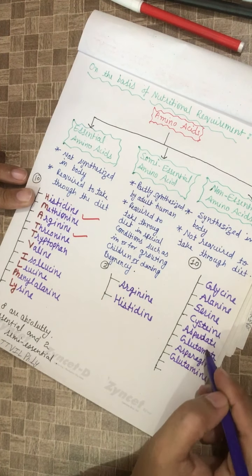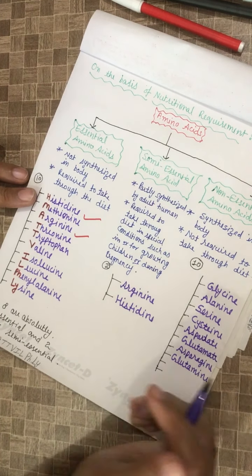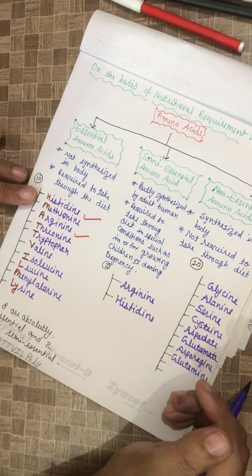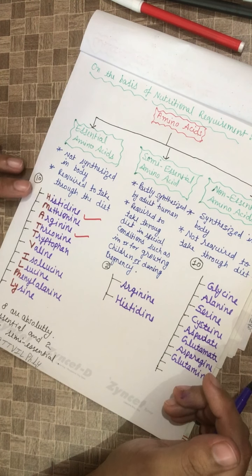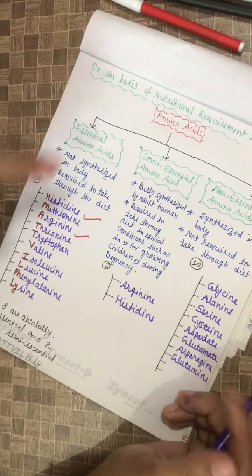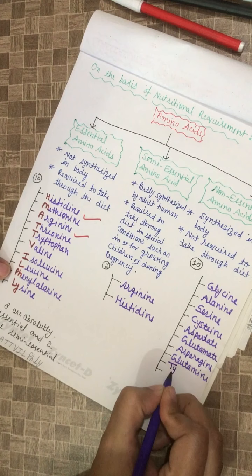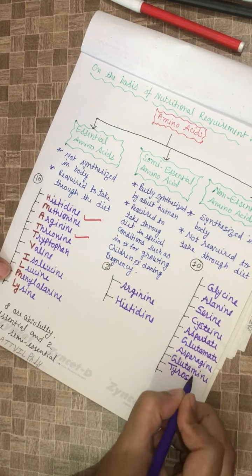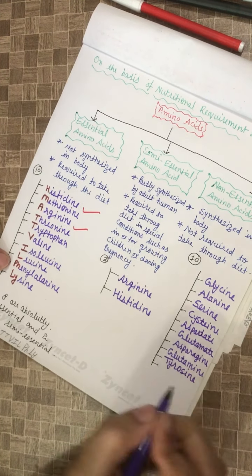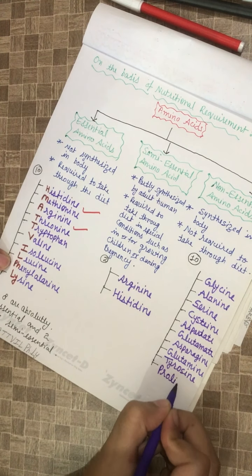Okay, glycine, alanine, serine, cysteine, aspartate, glutamate, asparagine, glutamine, and we have three aromatic amino acids, phenylalanine, tyrosine and tryptophan. Phenylalanine and tryptophan are already placed under the essential category. The remaining aromatic amino acid is tyrosine, and the last one is proline.